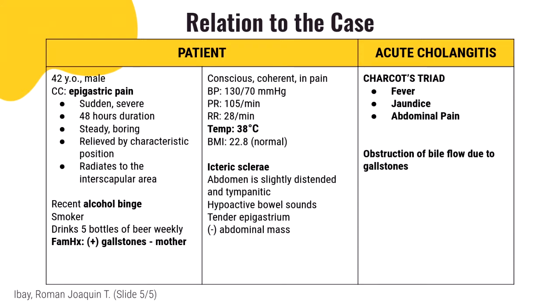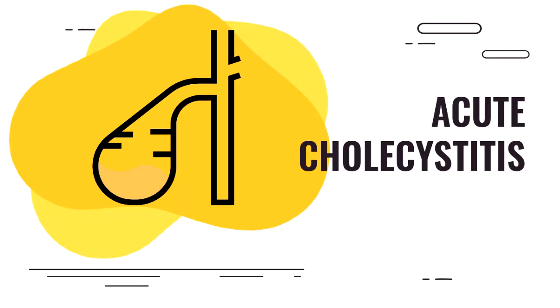Although abdominal pain is usually preferred to be in the right upper quadrant based from Schlesinger. And there could be a possibility that there could be bile flow obstruction due to gallstones because of his risk factors and because of his alcohol binge drinking. So that's it. Next slide.